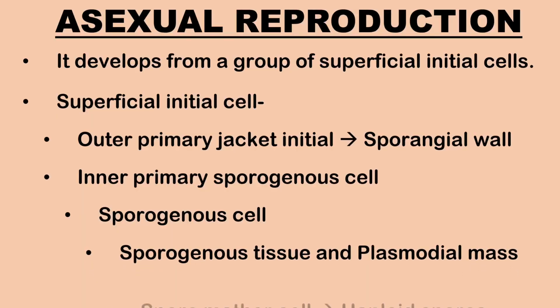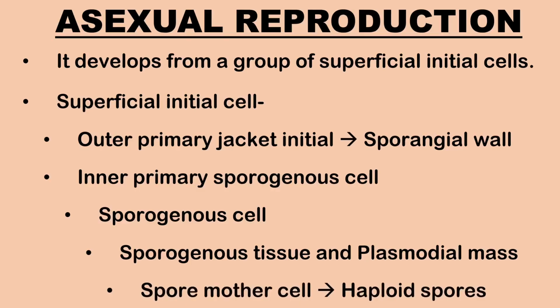Some of these cells develop into spore mother cells with dense granular cytoplasm. The remaining cells disintegrate into a plasmodial mass which gives nourishment to the spore mother cells.